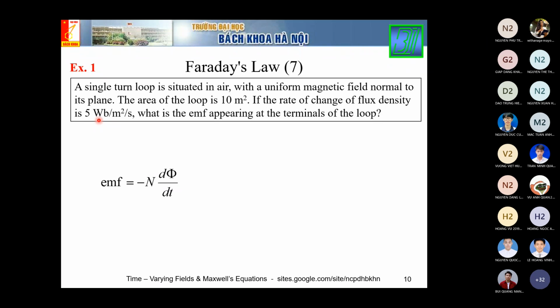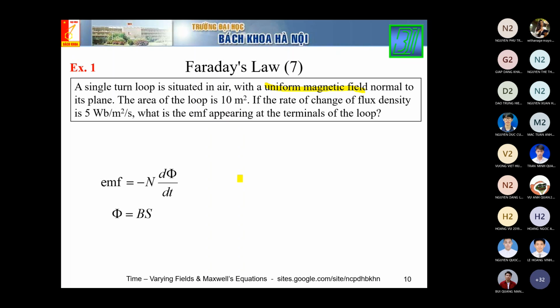This one is the original definition, the original formula of Faraday's law. EMF is proportional to the rate of change of the magnetic flux with respect to time. On the one hand, because this one is a uniform field, the magnetic flux will be the flux density multiplied by the area.